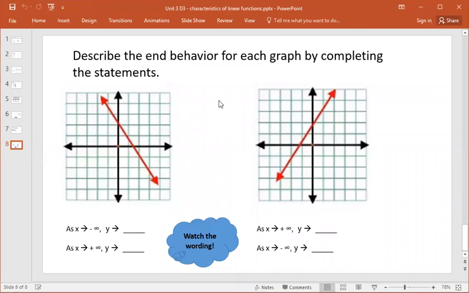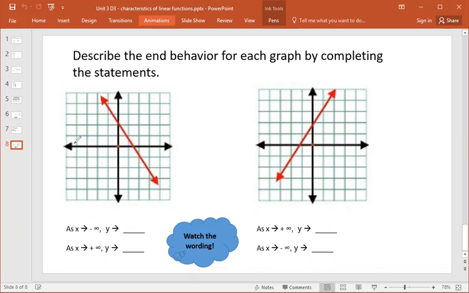Okay, so here we have two graphs and they want you to watch the wording. Describe the end behavior for each by completing the statement. So they're going to get you started. All you have to do is write the end section in here. Okay, so down here, this says as x approaches negative infinity. So as I go to the left, what is the graph doing?